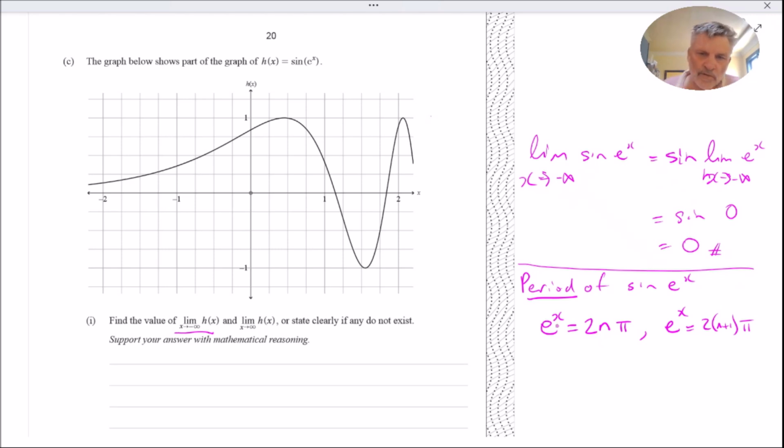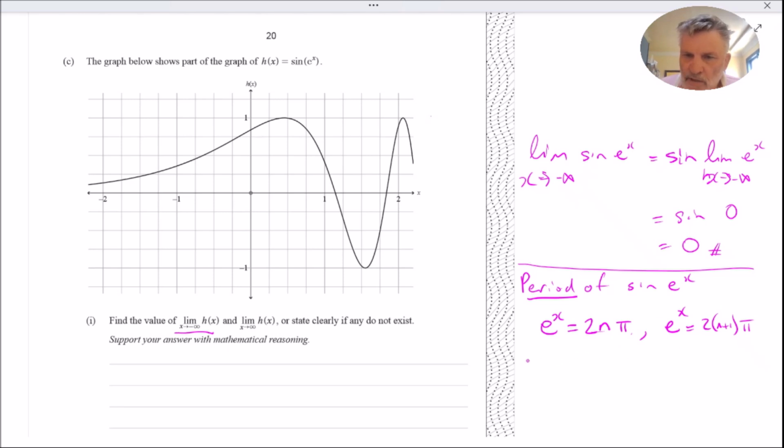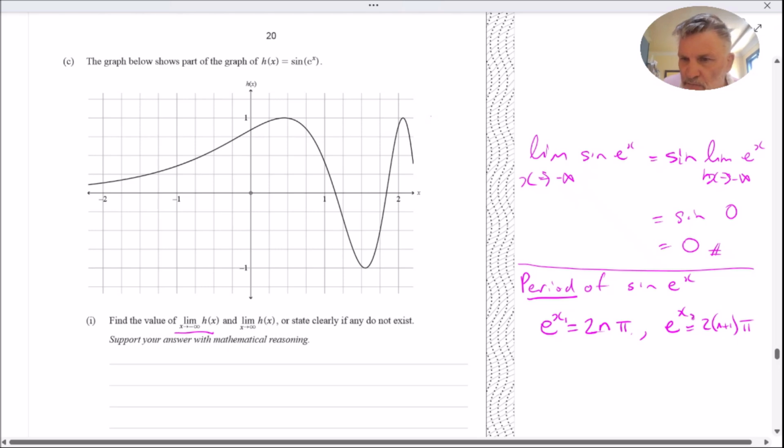So e to the power of x is some multiple of 2 pi, and then it's the next multiple of 2 pi. So if we subtract these two things, the period's going to be the difference between the two x values. So let's call this one x1 and this one x2.